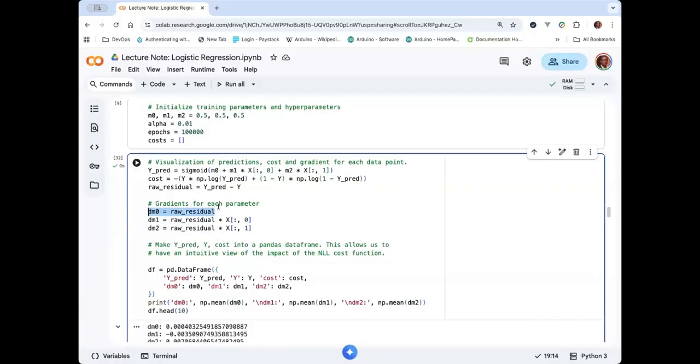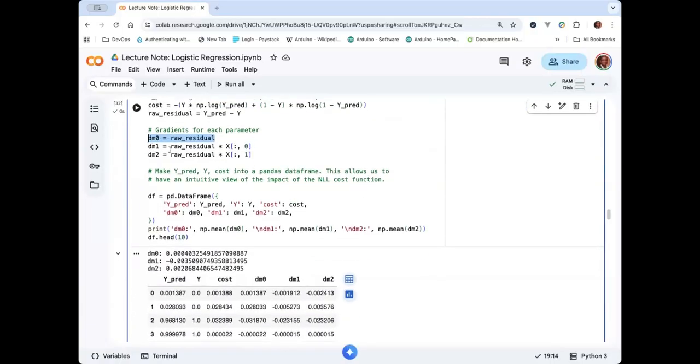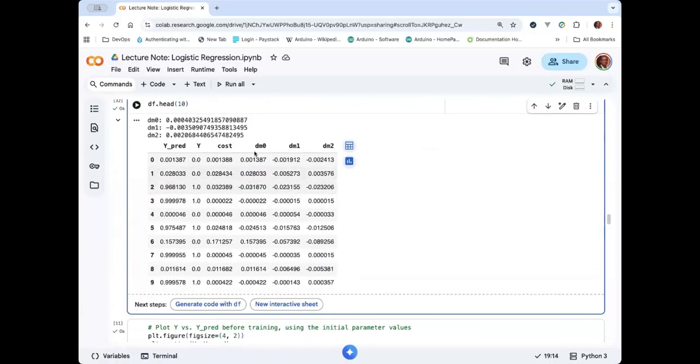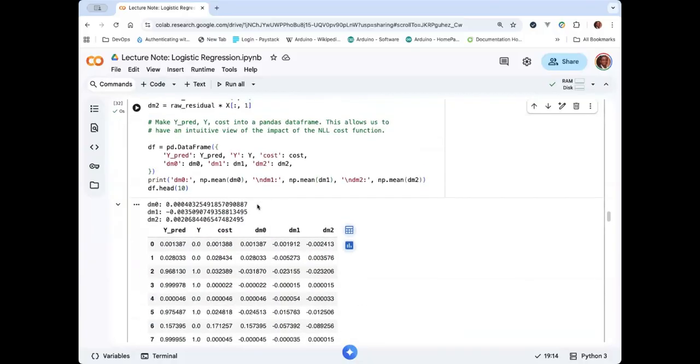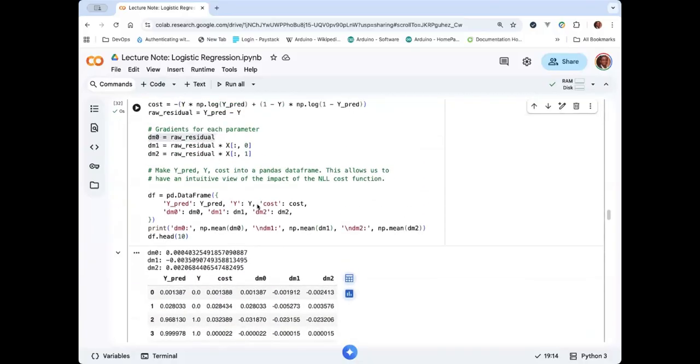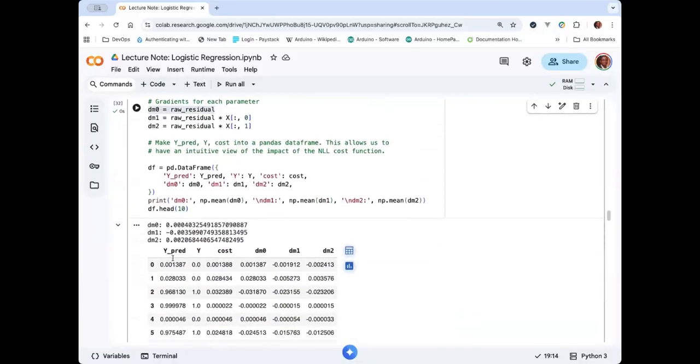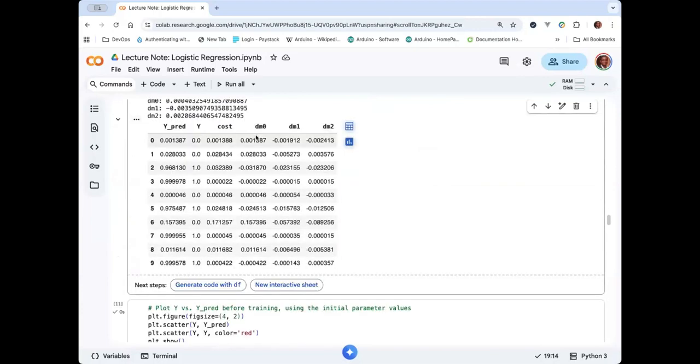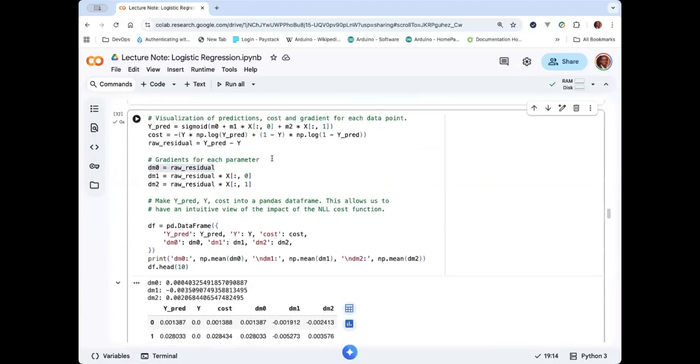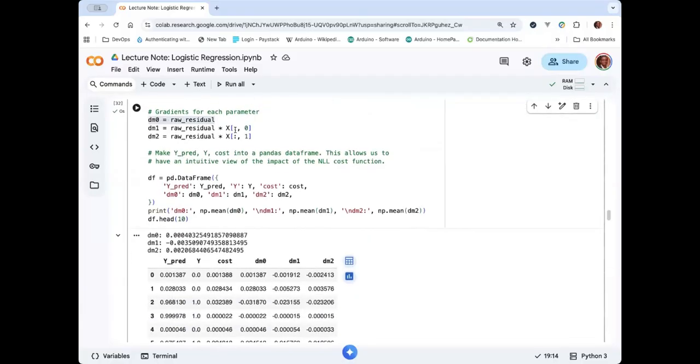So DM0, this column here, is the list of gradients for each data point with respect to the constant factor C or M0, that parameter.